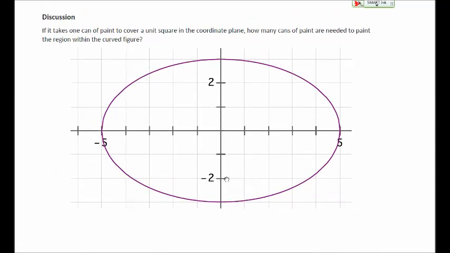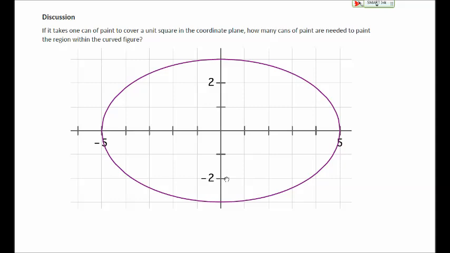Next, we'll look at the area of this shape. Now, you probably don't know how to find the area of an ellipse or an oval. I'm sure you could Google it, but let's use the tools we just developed with the previous problem and look at what the lower bound and the upper bound might look like for this shape.